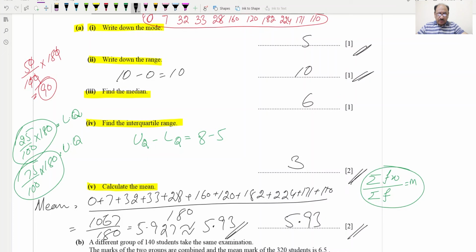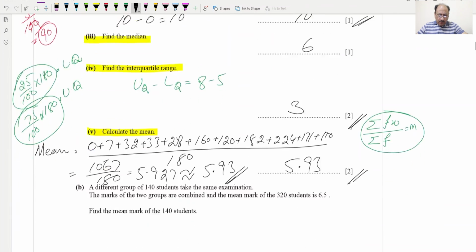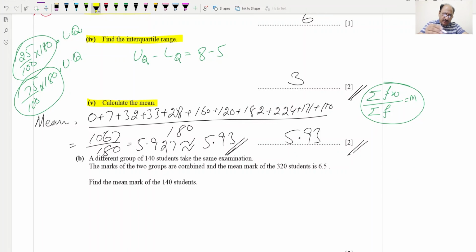Hopefully you understood this. Now the next part: a different group of 140 students take the same exam. The marks of the two groups are combined and the mean mark of the 320 students is 6.5. Find the mean mark of the 140 students.